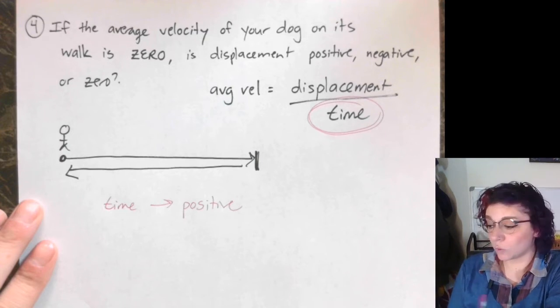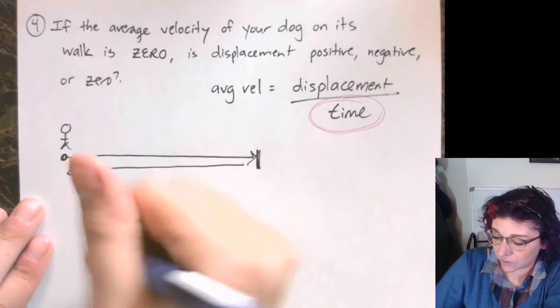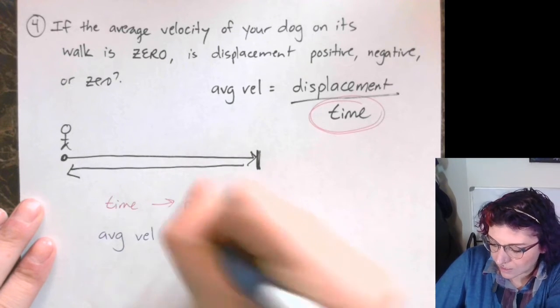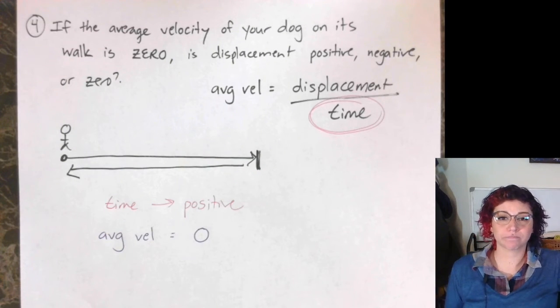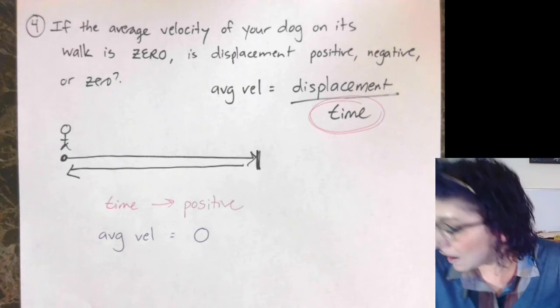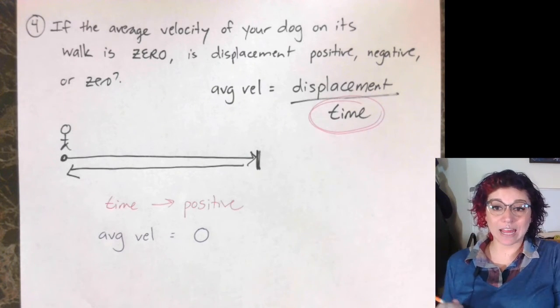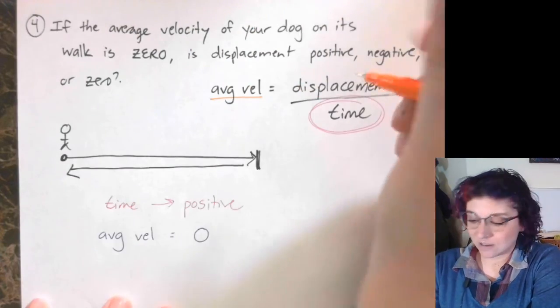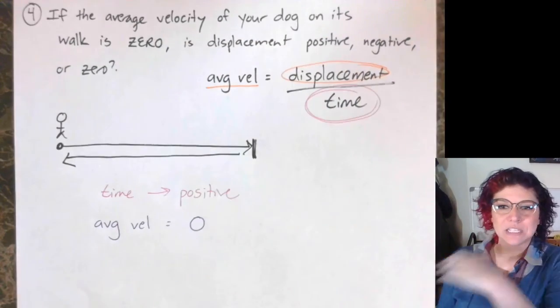We are told that the average velocity is 0. So that means that we need to look at the relationship between average velocity and displacement.